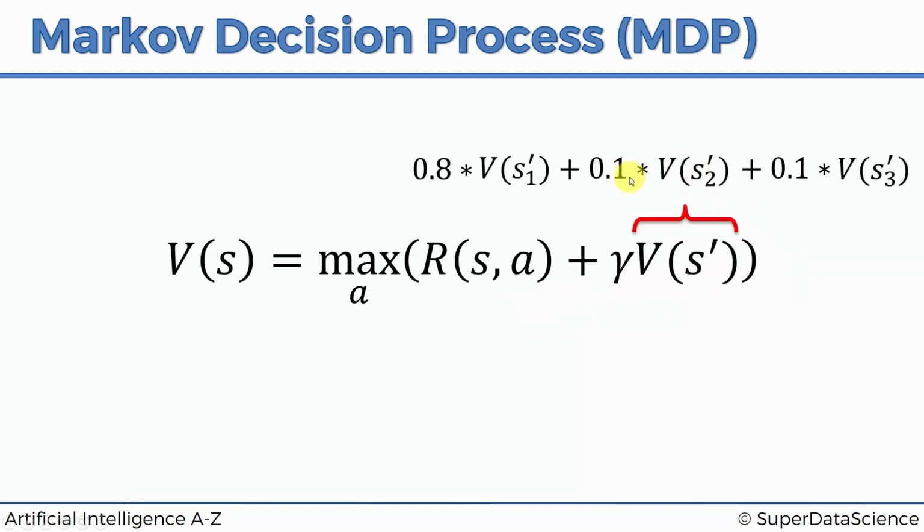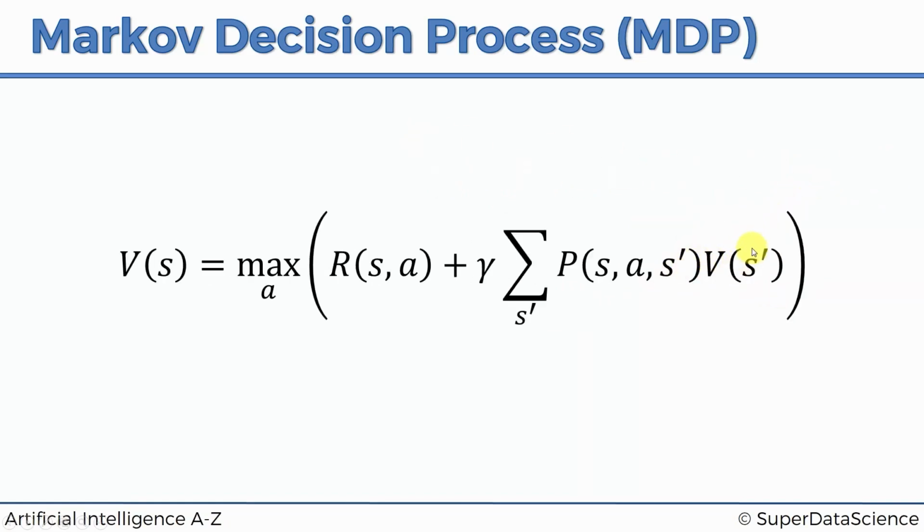Exactly what we had over here: 1, 2, 3, multiply by probabilities and add them up. Same here: 1, 2, 3, multiply them by probabilities and add them up. And that is your new Bellman equation. Congratulations. This is what we're going to be working with going forward. And that is the framework that is used in Markov decision processes.